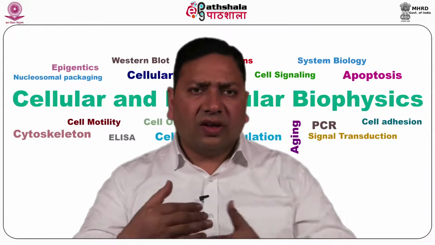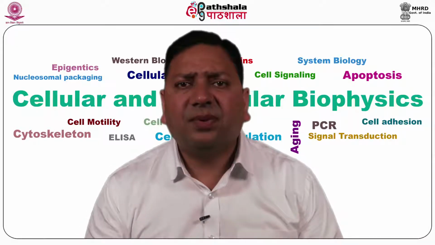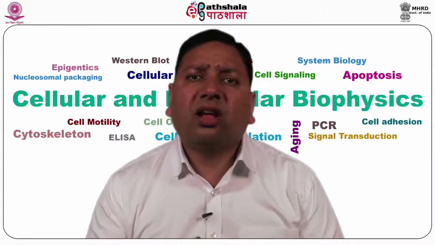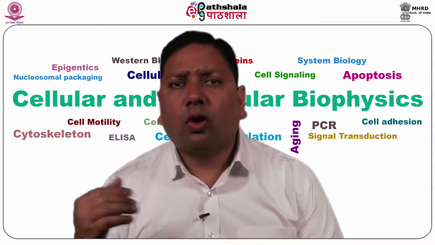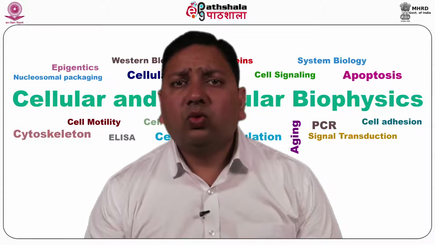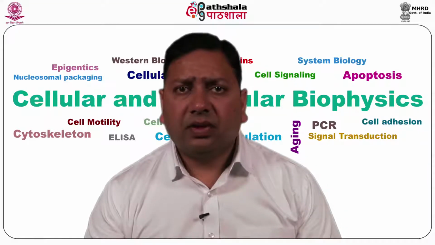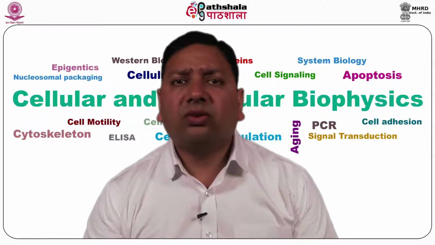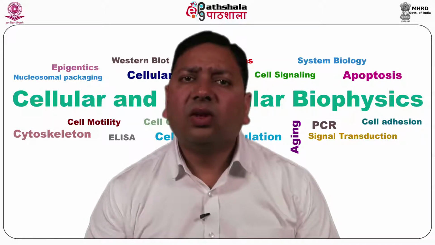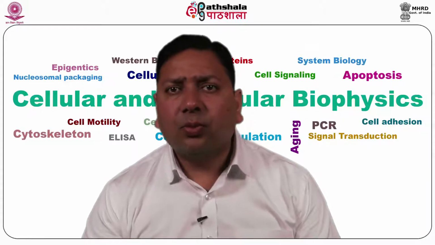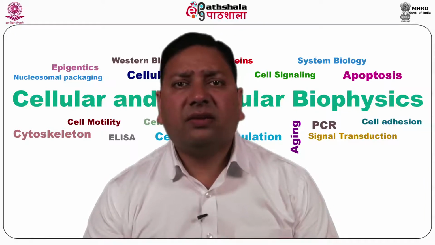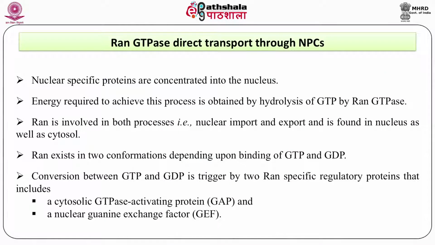Coming to a specialized system that we call the Ran GTPase system, which is required for transport through nuclear pore complexes. Nuclear-specific proteins are concentrated into the nucleus. The energy required to achieve this process is obtained by hydrolysis of GTP by a protein that we call Ran GTPase. Ran is basically Ras-related nuclear protein, a small G protein with a GTP binding domain.